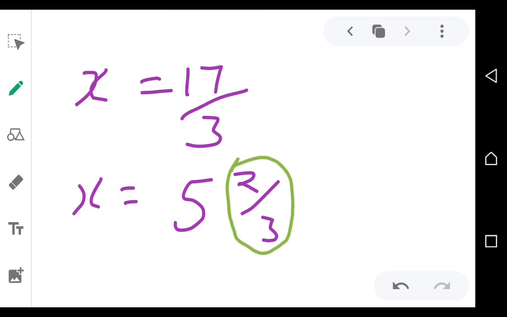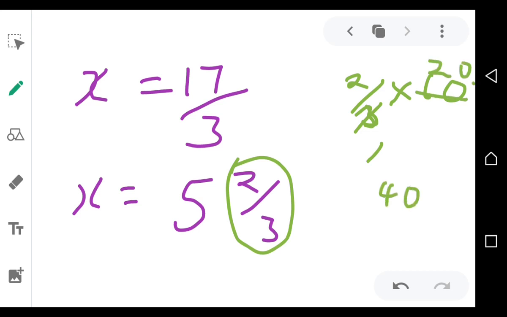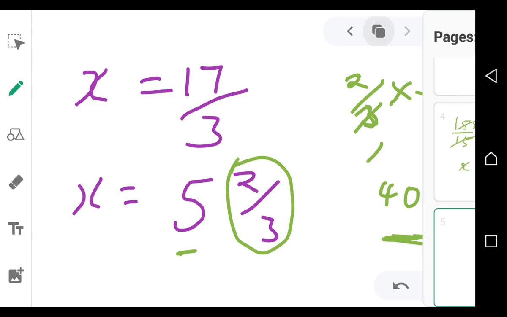I solve it as a fraction: 2 over 3 times 60, since it's in minutes. 3 into 60 is 20, 2 times 20 is 40. So it means 5 hours, 40 minutes.